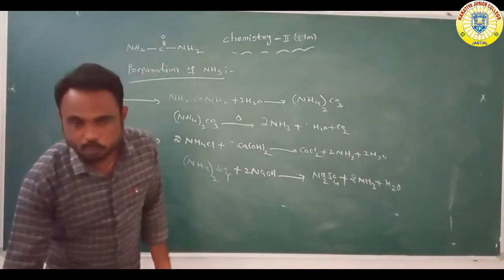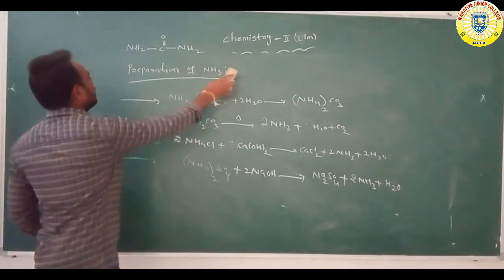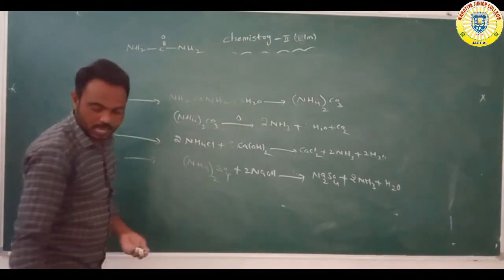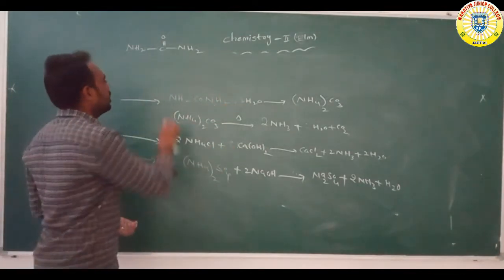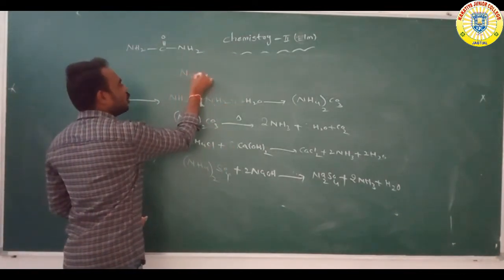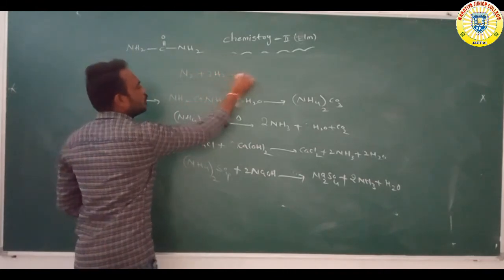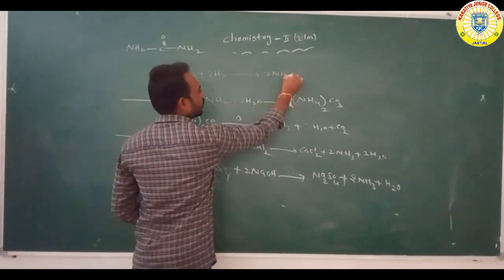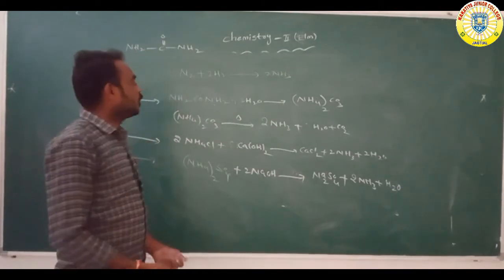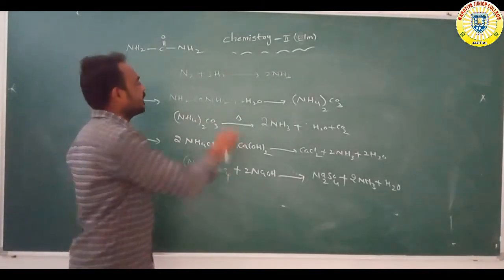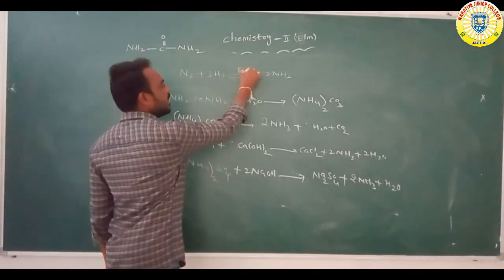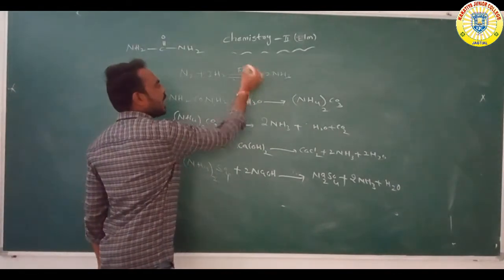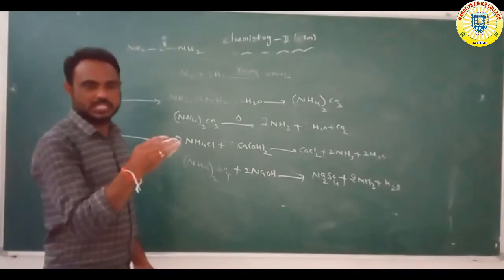Another very important method is nitrogen reacting with hydrogen to form ammonia. In this process we use an iron catalyst with molybdenum as the promoter.